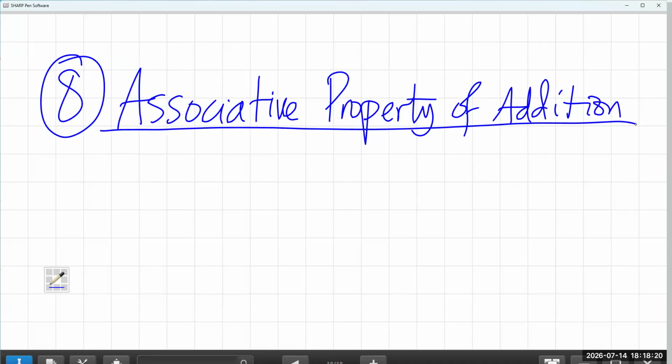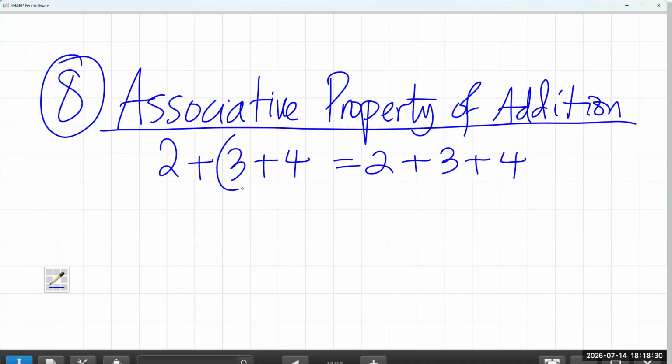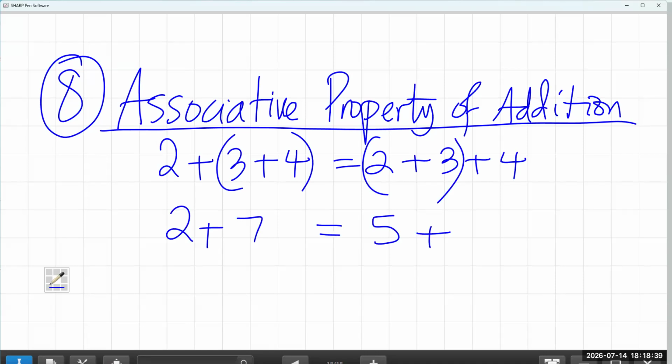So for this one, if you have 2 plus 3 plus 4, it is equal to 2 plus 3 plus 4, whether it's this way or this way. Because in this case, it's going to be 2 plus 7. In this case, it's going to be 5 plus 4. So then this is 9 is equal to 9. So that is the associative property of addition.